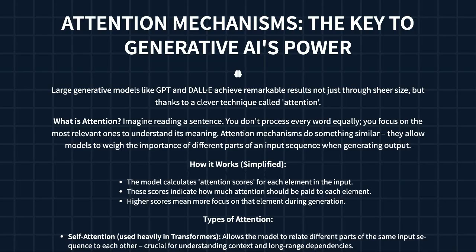They help these huge models weigh the relevance of different parts of their input, whether it's text or images, to generate better outputs. Specifically, self-attention lets the model understand how different pieces within the same input relate to each other, and cross-attention helps combine information from multiple sources. Basically, attention is what allows these models to capture complex relationships and produce far more coherent results.